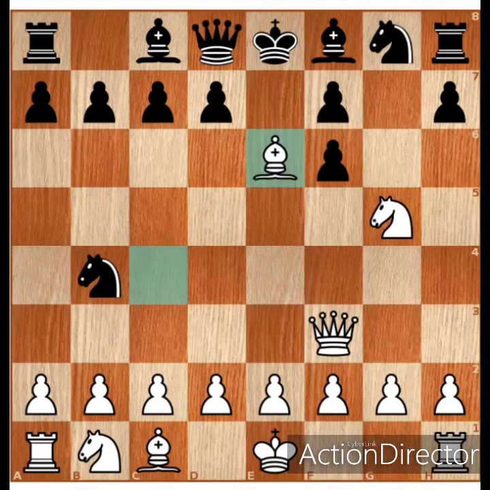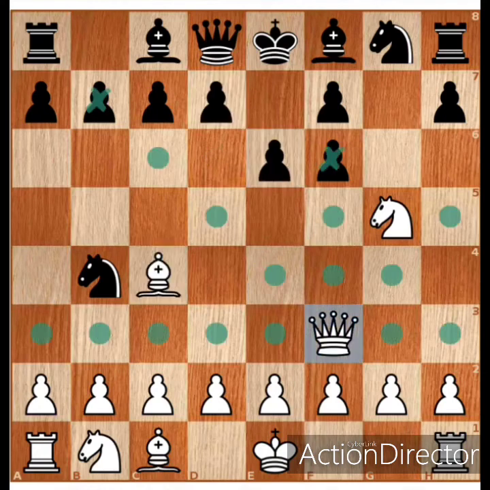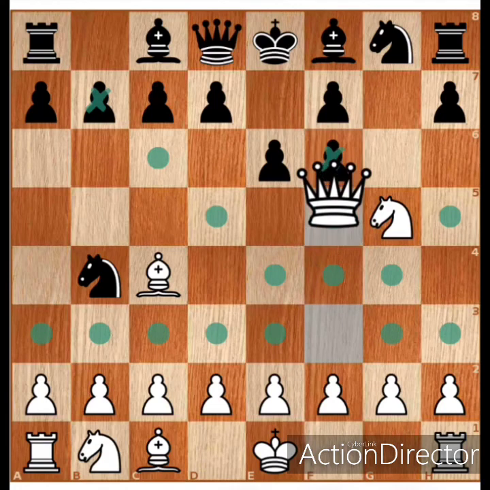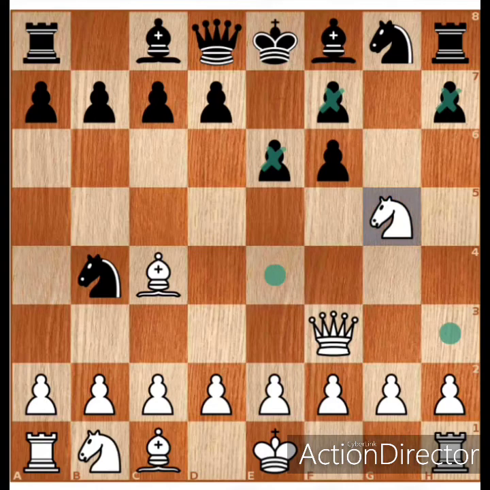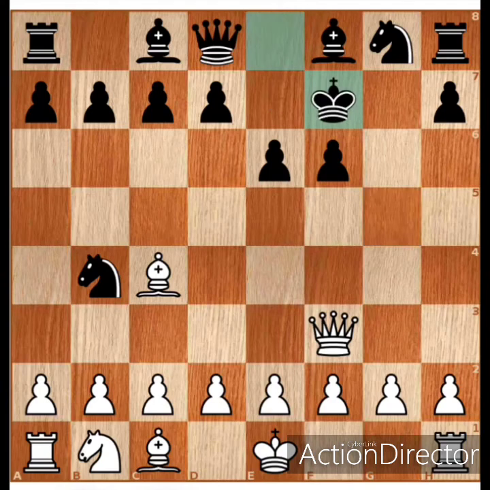Now you can see the bishop has simply been captured. If the queen wants to attack the f7 square, then first of all the queen needs to capture on the f6 square, and you can see the queen can be captured by the knight. So in this position only the knight is able to capture the f7 pawn straight away, and the king can capture the pawn at this position, but you can give a check.